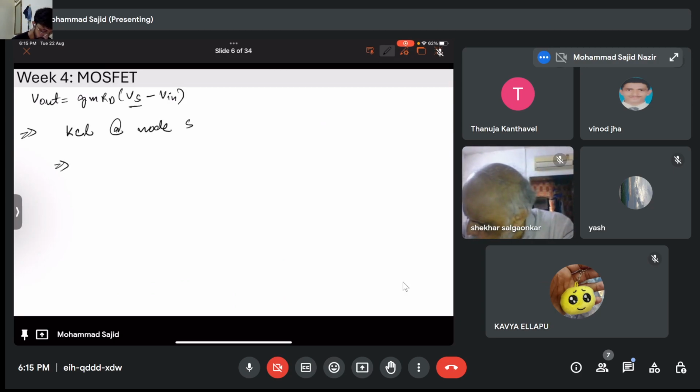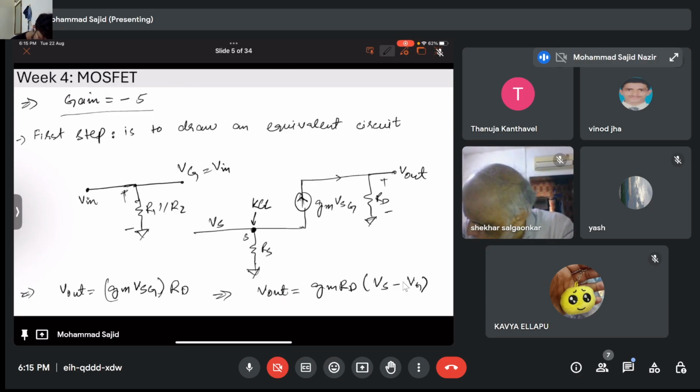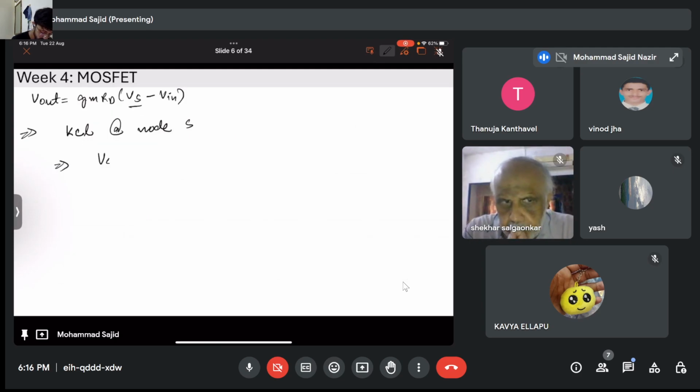So if I just draw the current here, whenever you do the KCL, if you give any current direction, you have to follow properly the Kirchhoff's rule, right? So if I give a direction here, let's say like this, and this current goes like this, I can directly write Vs by Rs.